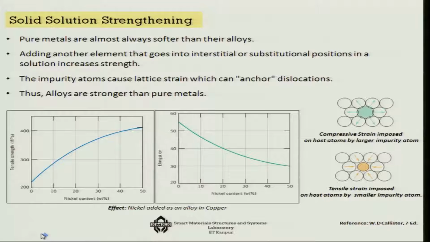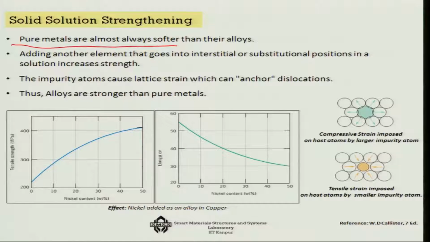In fact, pure metals are almost always softer than their alloys. Why? Because of the substitution of alloying atoms in a solid solution, or in the interstitial spaces, for example.